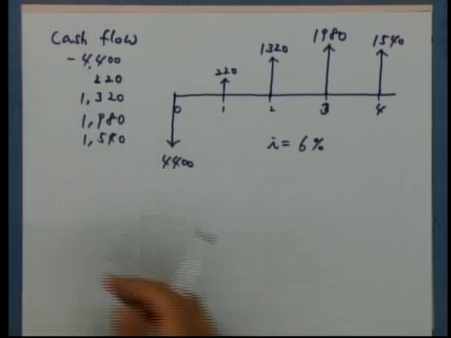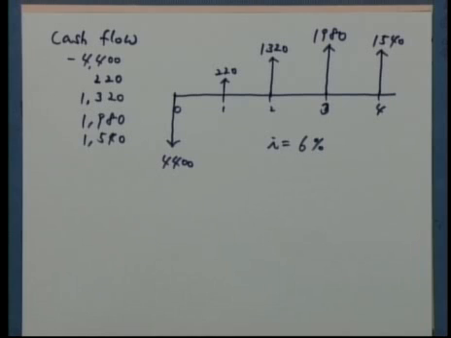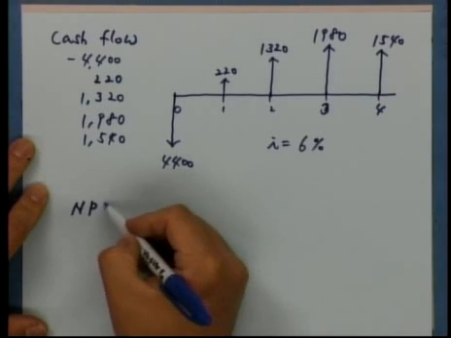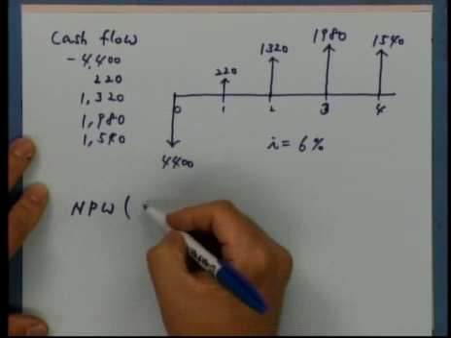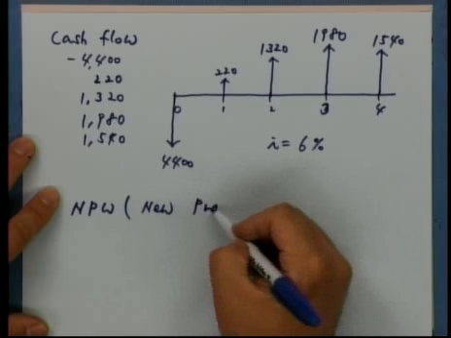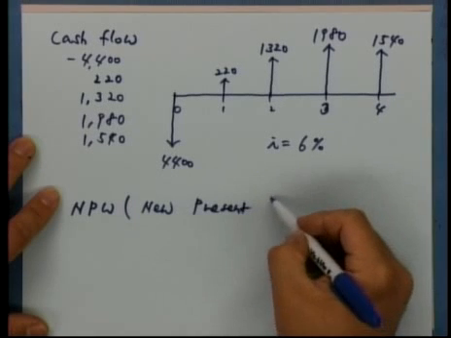And in chapter 5, we've discussed the NPW. What is that? Net present worth criterion. NPW is the abbreviation of net present worth.